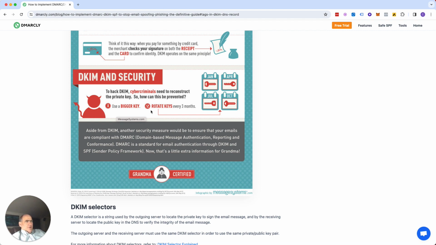But to prevent this, you rotate your keys every 3 months. So you come up with a new set of key pairs every 3 months. Unless they've got quite a bit of access to CPU and really do care, it's pretty unlikely that in 3 months they're going to be able to decrypt it.